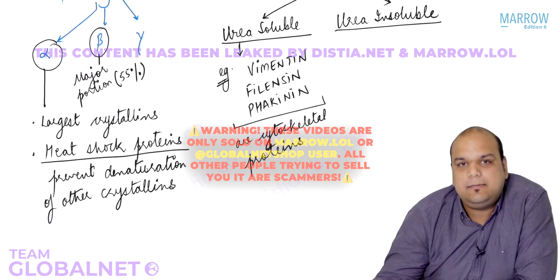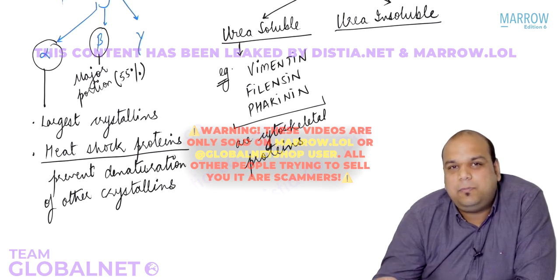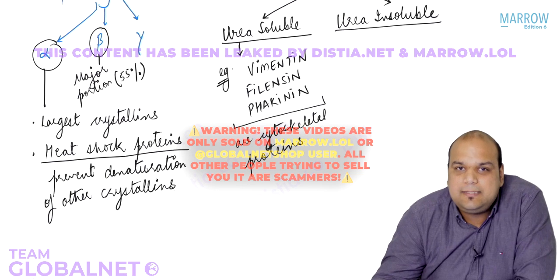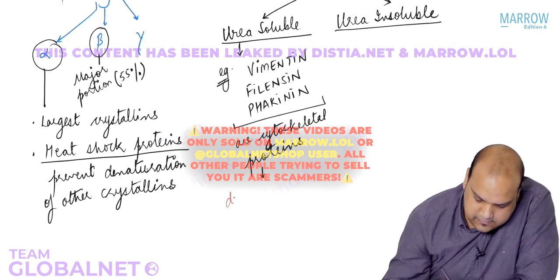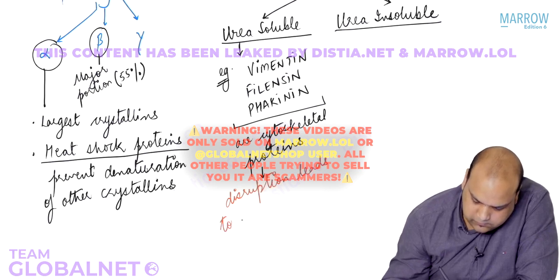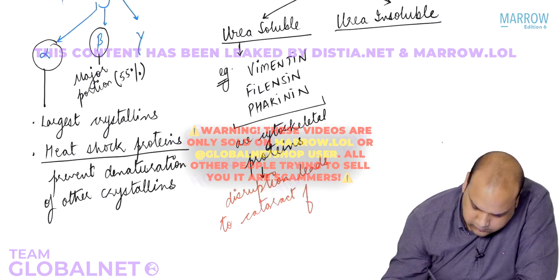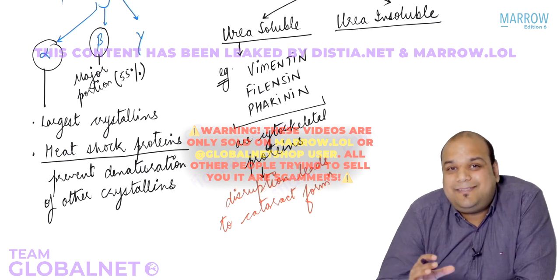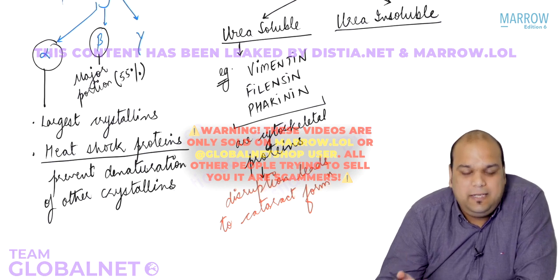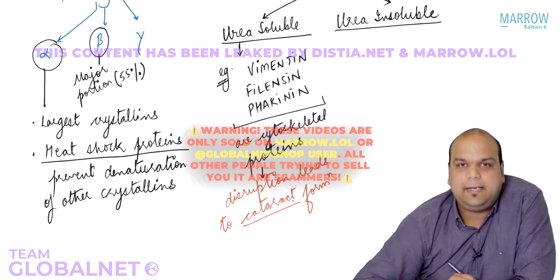Basically, they are helping to form the structure. Yes. So their disruption leads to cataract formation. Because if they are disrupted, the structure is disrupted. Structure disruption can lead to opacity. Opacity, as we all know, is cataract.